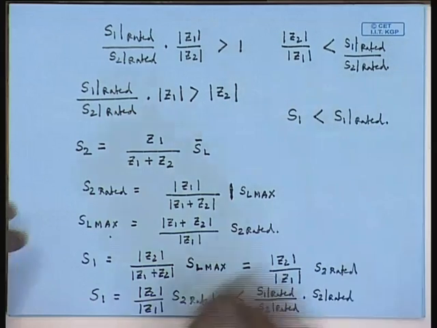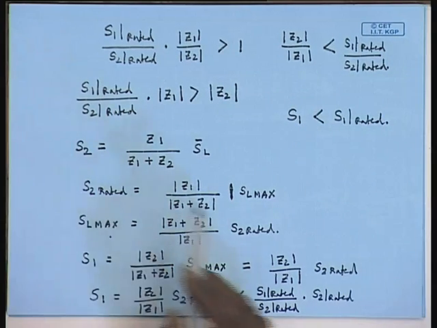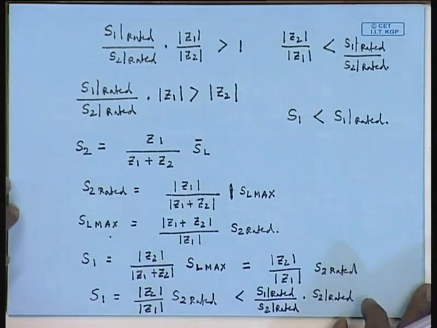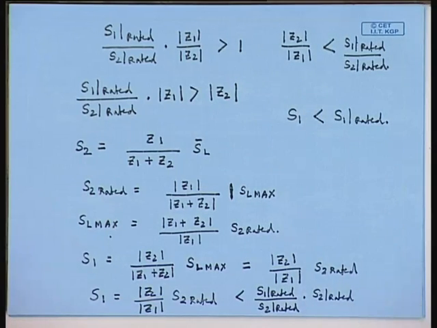Therefore, we see that if this relation is not satisfied, then one of the transformers with the lower series impedance reaches its kVA limit first, beyond which it will not be possible to load the parallel combination. Therefore, the other transformer will still have some capacity left.